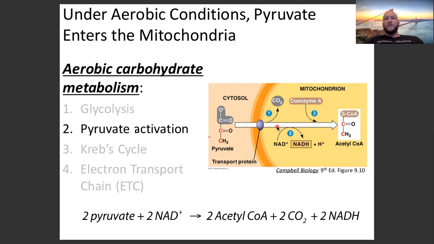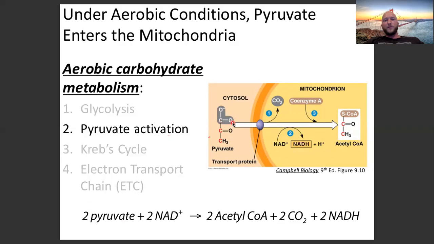So 2 pyruvates move into the mitochondria. When they move into the mitochondria, we're going to lose 1 carbon, and that carbon is going to be released as carbon dioxide. So in this class, we've already talked about how CO2 is a byproduct of energy production. Right here is one of those CO2s. It's going to be 1 CO2 per pyruvate. So we start off with 3 carbon pyruvate.